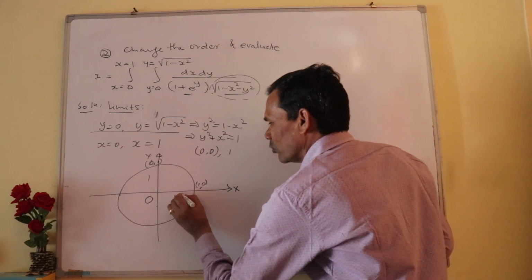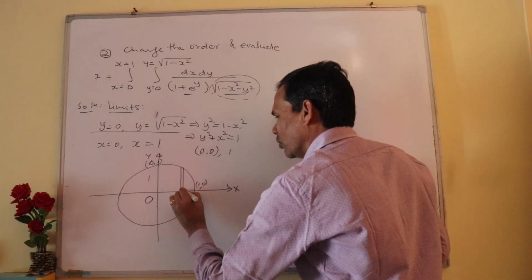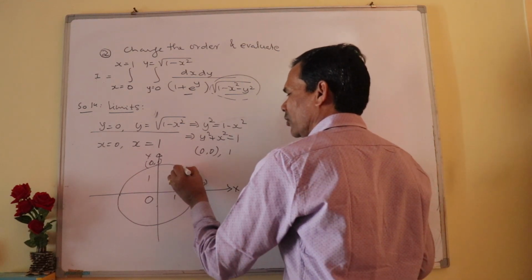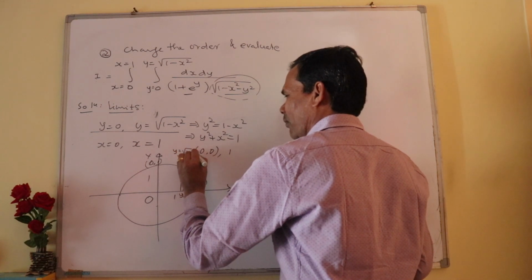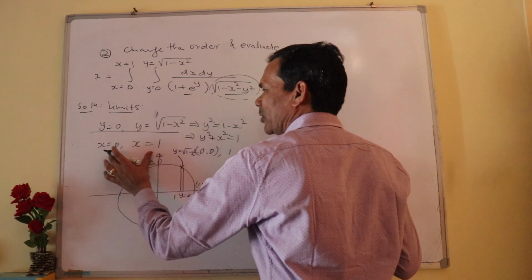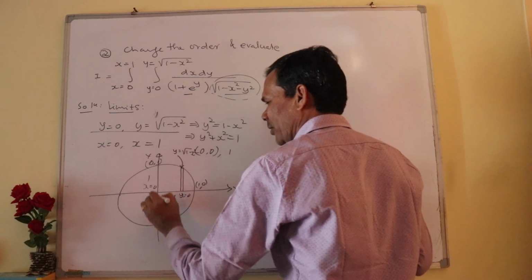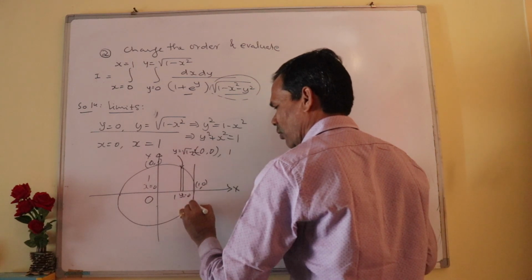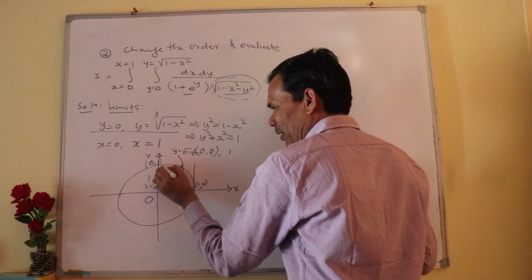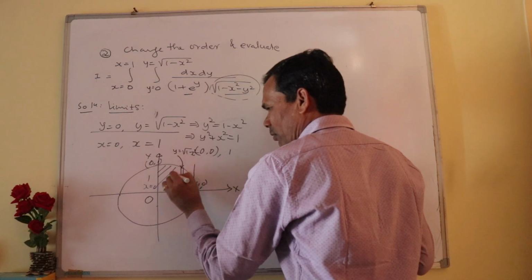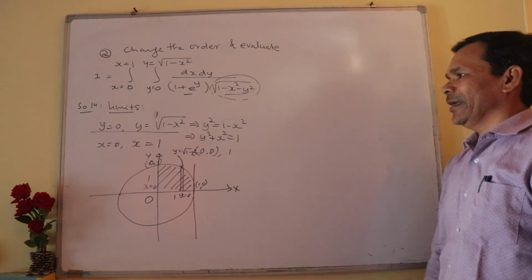So y is equal to 0 to y is equal to root of 1 minus x square, the boundary of the circle, and this strip is moved from x is equal to 0, the y-axis, to x is equal to 1, where y is equal to 0. So this is the region of integration.